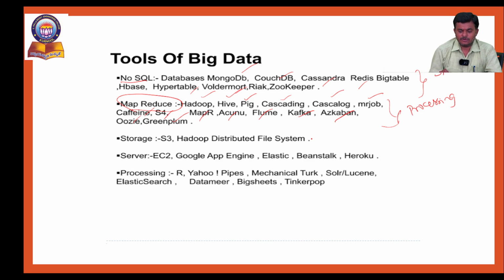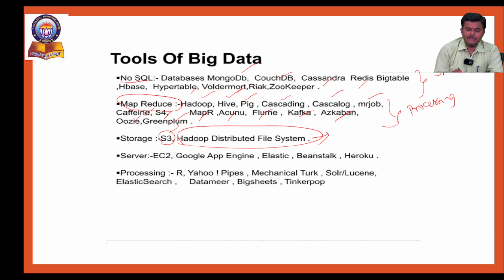Next, also storage. We can use several available methods for storing large volumes of data. S3 is from Amazon, the Simple Storage Service, and HDFS or Hadoop Distributed File System is a storage system supported by Hadoop.